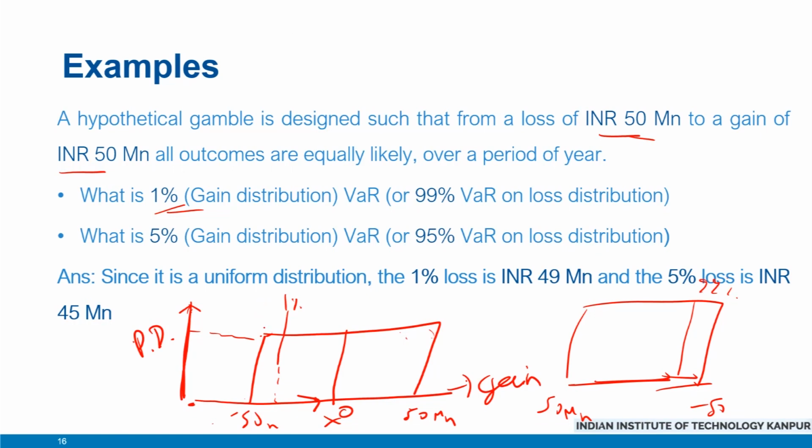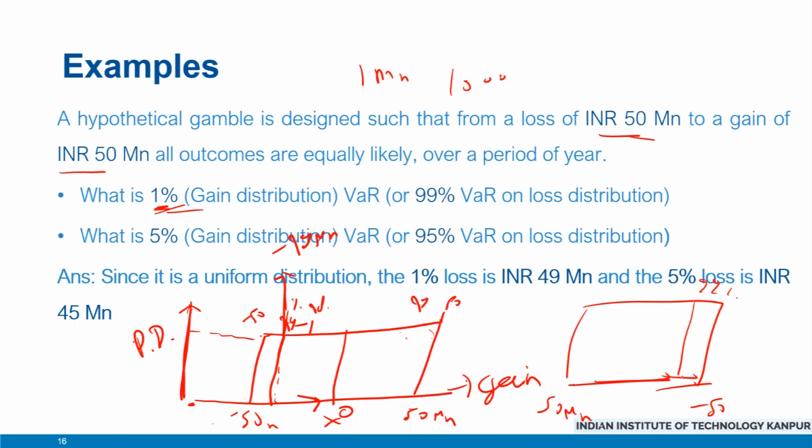To simplify things, on either of these graphs, you can think of 1 million intervals of 100 pieces, where for example this is minus 50 to minus 49, and minus 49 to minus 48, and so on, ending here at 49 to 50. So you can think of 100 such intervals of 1 million rupees each. Now if I'm interested in 1% VaR, then on the gains distribution I'm looking at this cutoff which is at minus 49 million, or a 49 million loss.